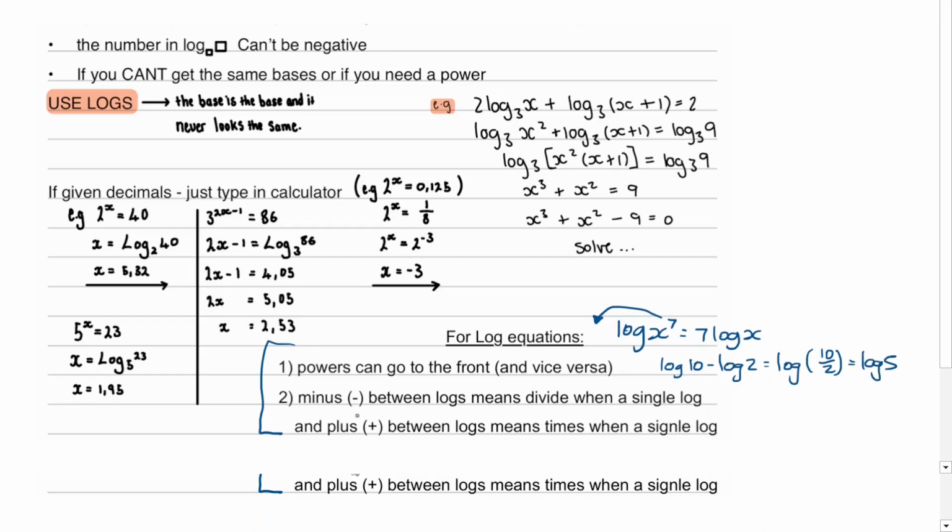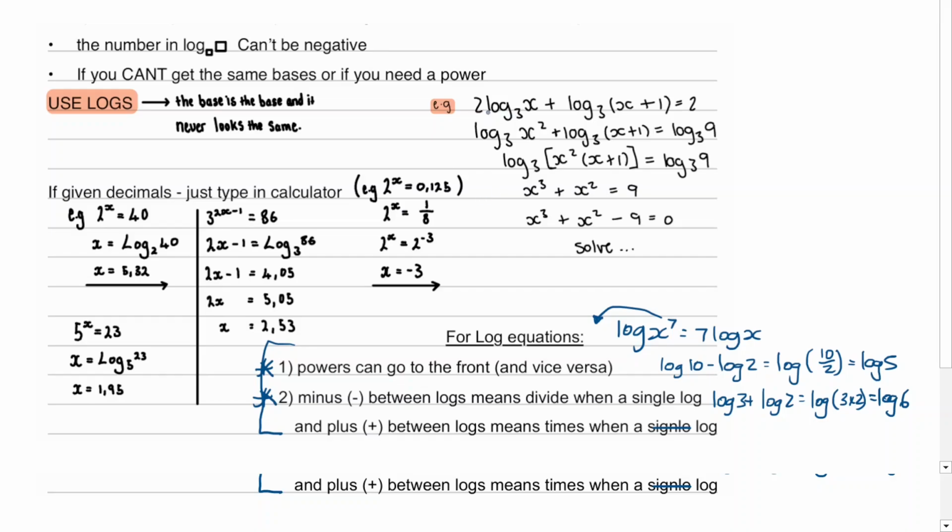Likewise, if I was plussing two logs, I can times them as a single log. So log 3 plus log 2 is just log 3 times 2, which is log 6. So these are two of the fundamental laws of logs.